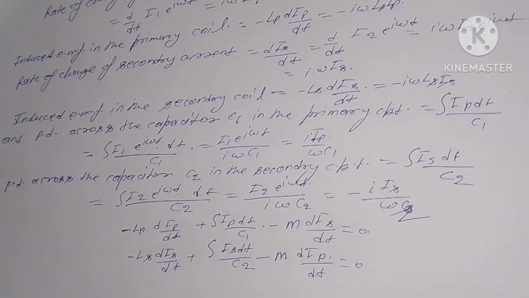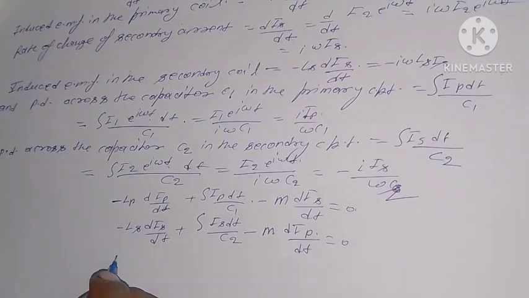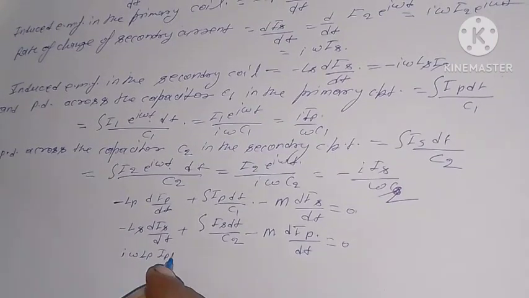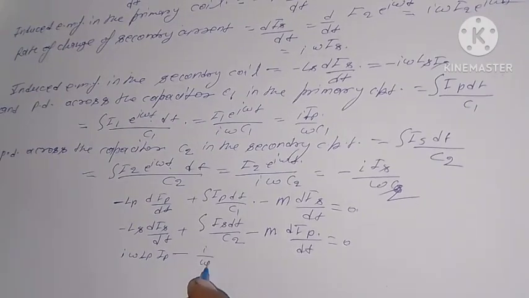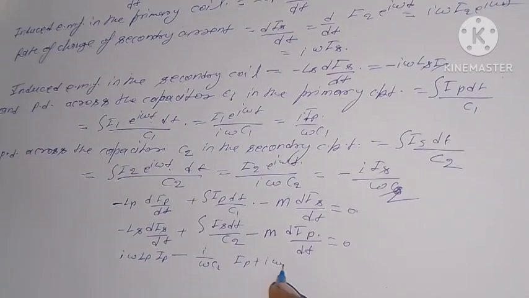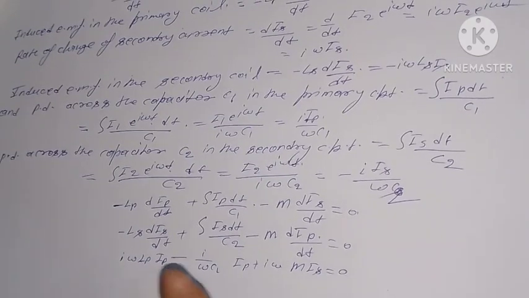Substituting the values of the various quantities, we have i omega LP IP minus i upon omega C1 IP plus i omega M IS equal to 0.